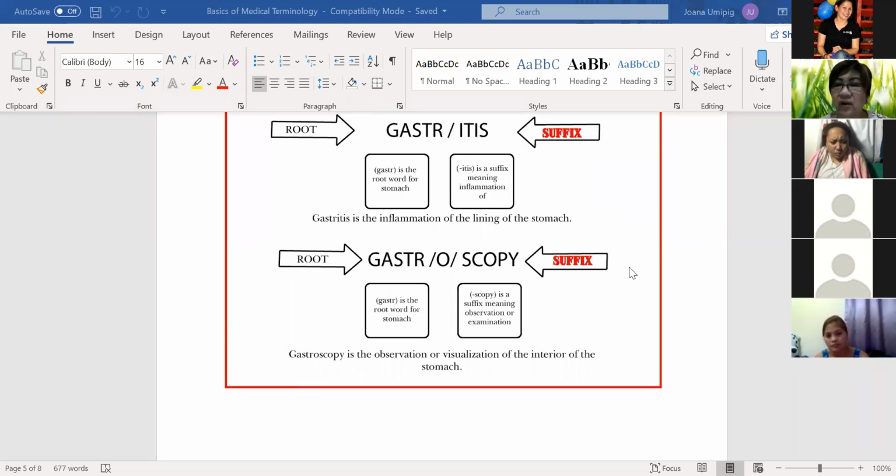Yun. Kung dito naman sa atin, ano pa yung may mga gastroscopy, laparoscopy. So yung mga tinitignan natin, ginagamitan natin ng instrument called laparoscope, yun yung visualization, oscopy. Okay, fine. So gastroscopy is the observation or visualization of the interior of the stomach.